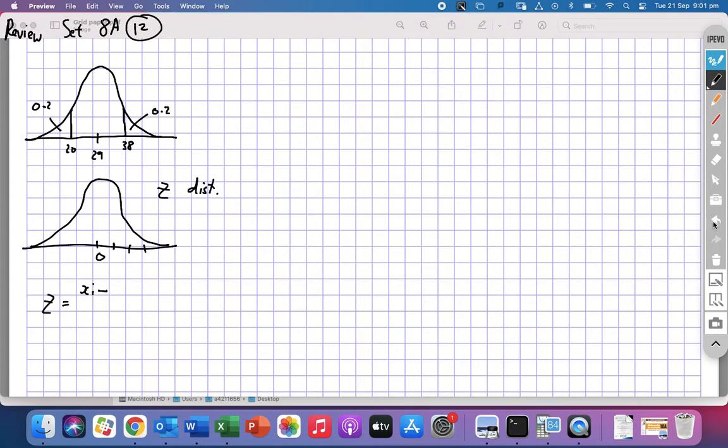By the time you have 3 standard deviations, you've done most of the curve, right?